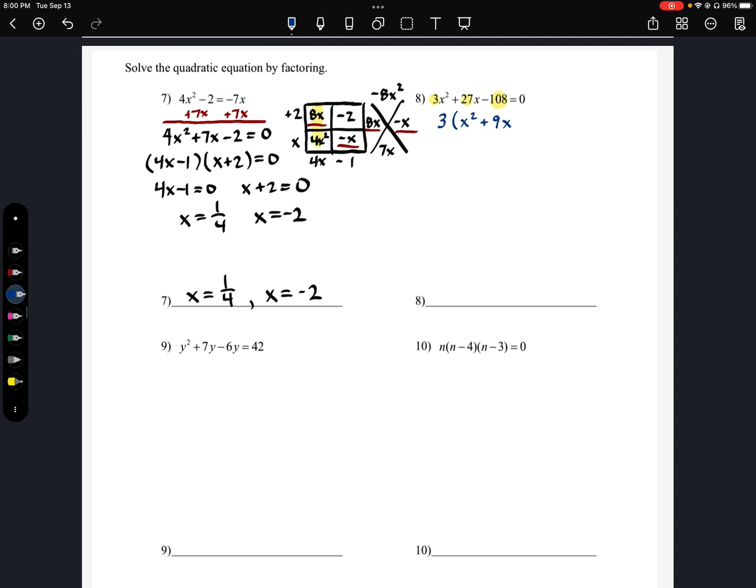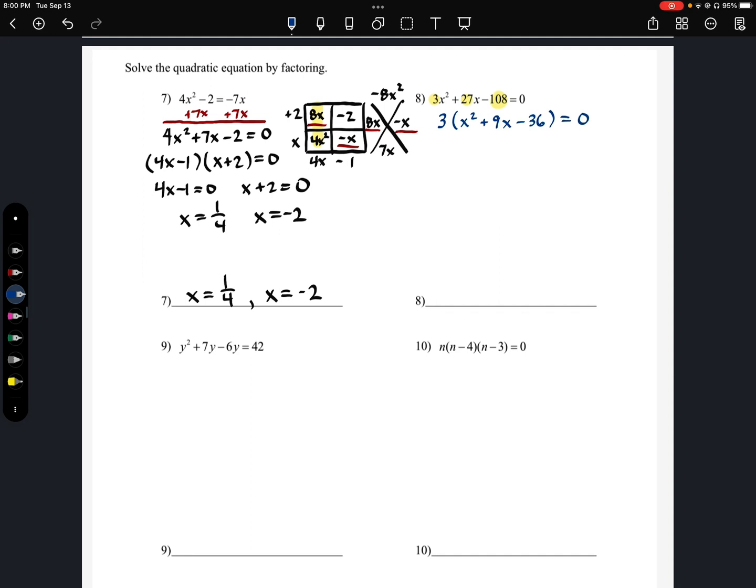And then 3 goes into 108, let's see, it's got to be more than that, right? It's 36 times, sorry. So minus 36. And then that still equals 0.